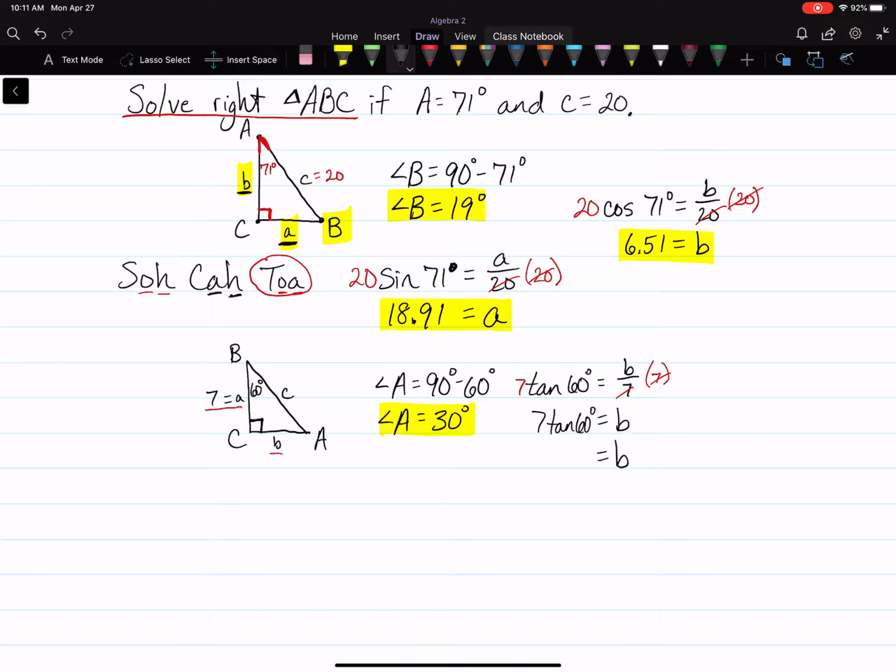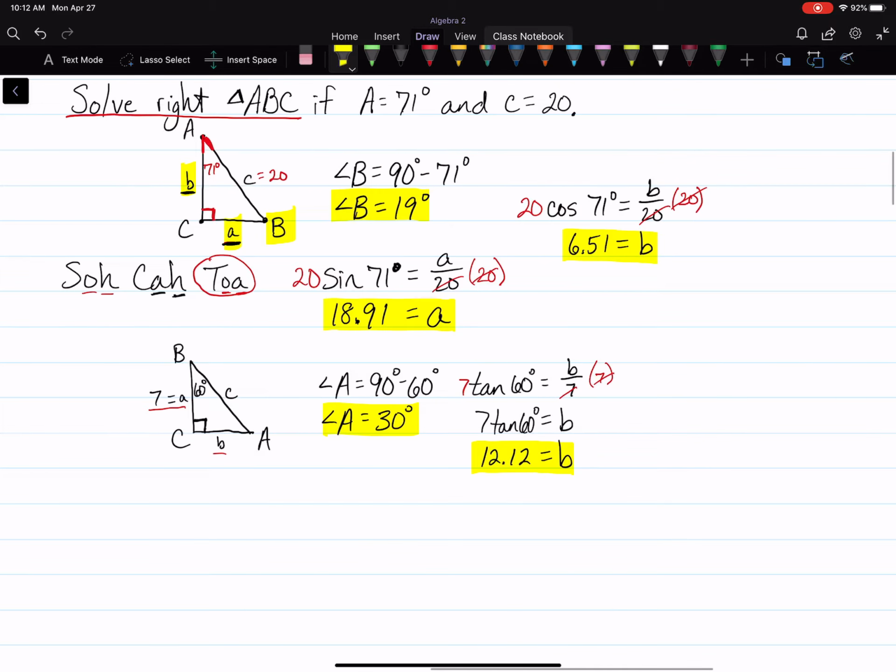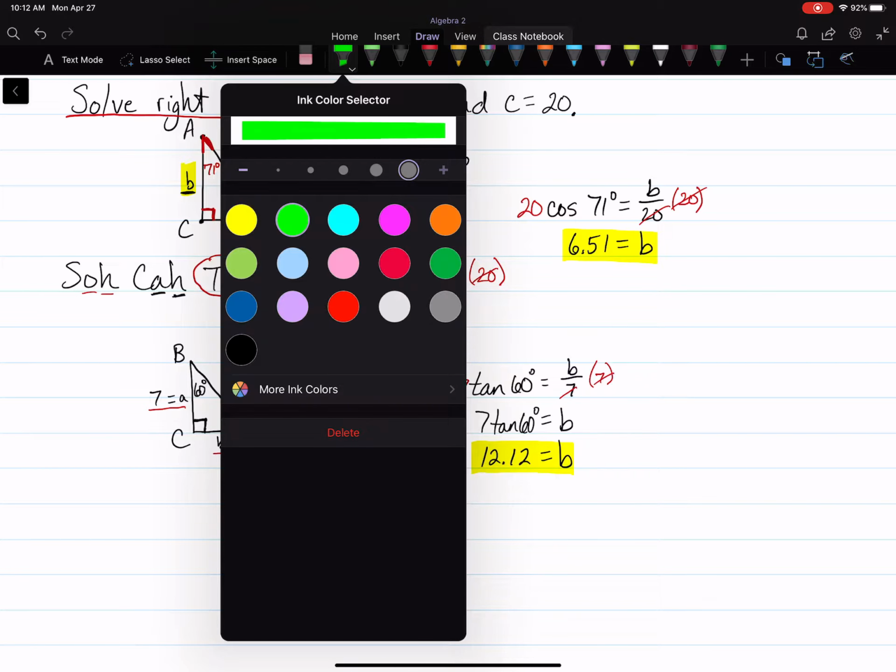Let's see here. What is that? That is 7 times, that's 12.12. And again, I rounded there. Okay. And now to find the third side, which is C. Well, now, let's see here. Let me change my highlighter and I can show you.